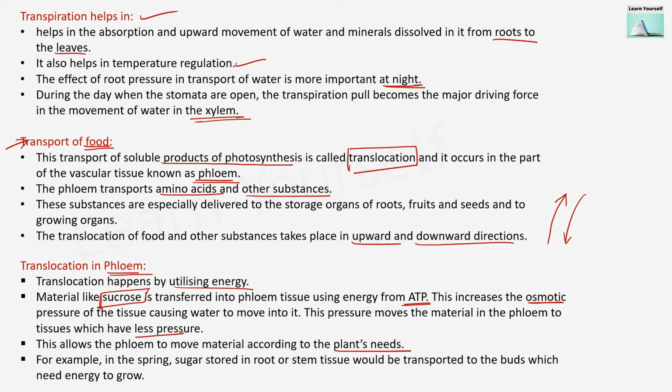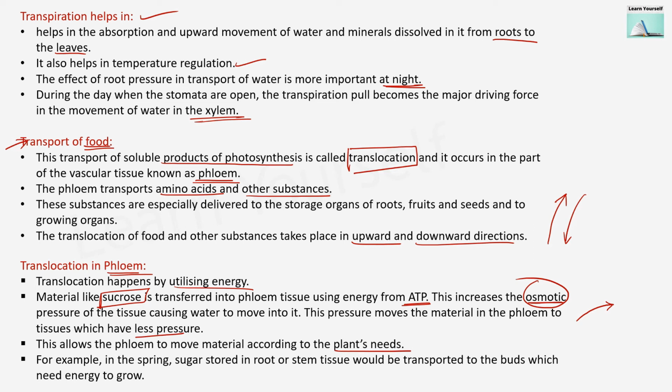So whatever tissues have very little pressure, having very little food material in them, this phloem tissue will circulate food particles or sucrose particles to that tissue. So phloem will distribute that food particle according to their need. And how will they identify the need? They will identify this need with the help of osmotic pressure.